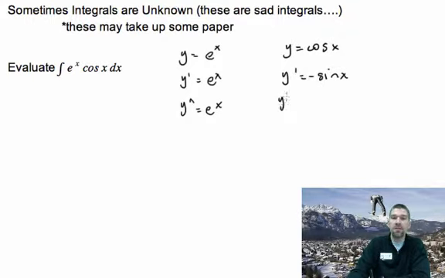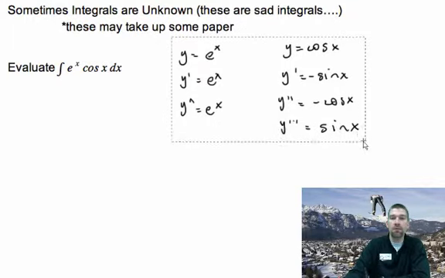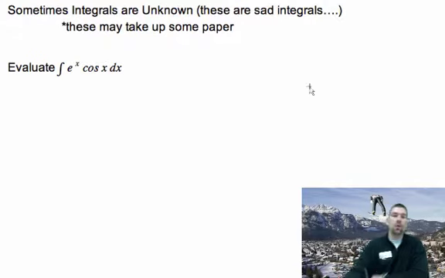And if I take the derivative of that, I get negative cosine x. And if I take the derivative of that, I get sine x. And if I take the derivative of that, I'm back where I started. So both of these guys lend themselves to repeating, and there's no quick, easy way to get out of it, okay?